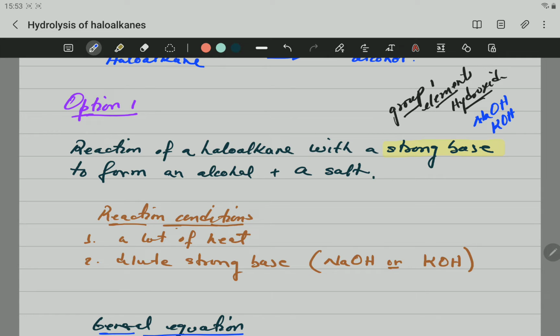Now, if you react a strong base with a haloalkane, you will form an alcohol and a salt. The reaction conditions are: first, you need a lot of heat, and second, this strong base must be dilute.